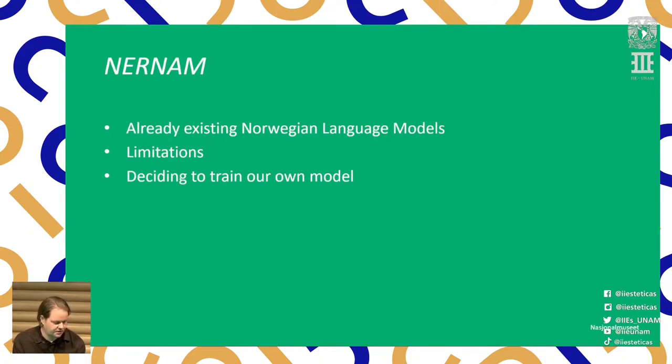When we first started looking at the possibilities for named entity recognition, we found that there were already Norwegian language named entity recognition models that worked quite well. Among them, a model developed by the Norwegian National Library that had accuracy comparable to English language models trained on much larger data sets than are available in Norwegian.